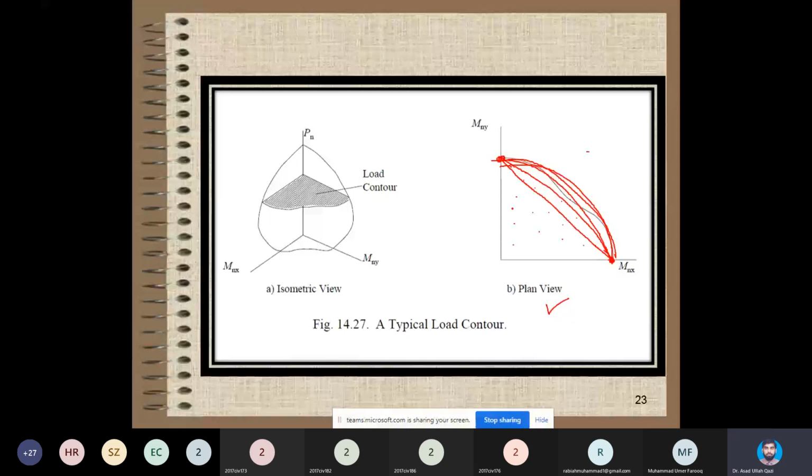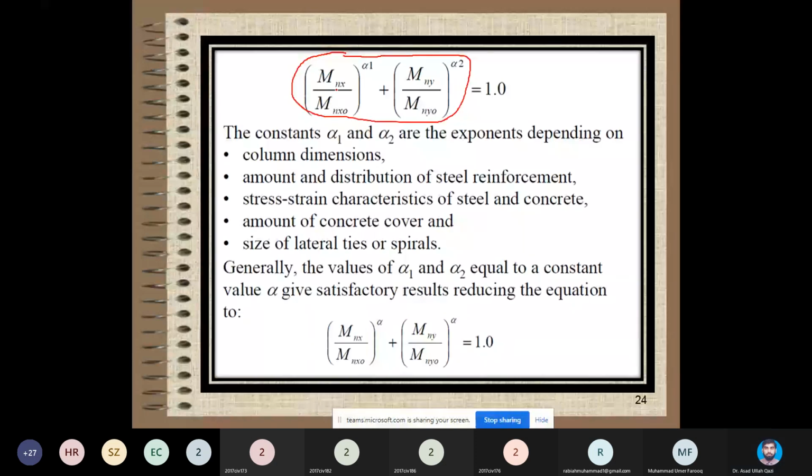It is stated here that the constant exponents alpha 1 and alpha 2 depend on the column geometry, reinforcement arrangement, material characteristics, their stress strain relationships, concrete covers, and confinement of the column.